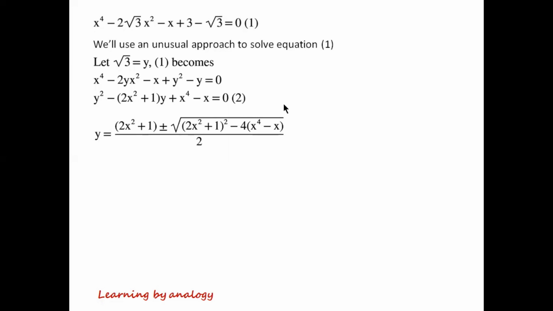y equals [(2x² + 1) ± √((2x² + 1)² − 4(x⁴ − x))] over 2.